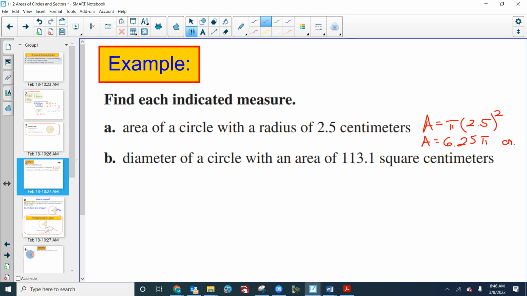Centimeters or square centimeters? Centimeters squared, right? Or square centimeters. If I want to write it as a decimal, I type in 6.25 times pi, and I get 19.63 centimeters squared. We're going to continue writing our answer in terms of pi and rounded to the nearest hundredth.